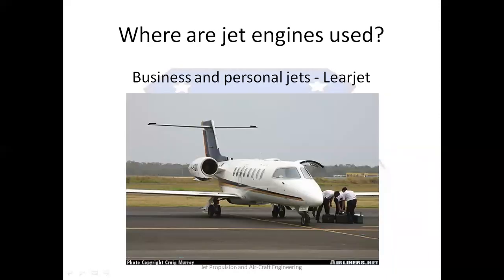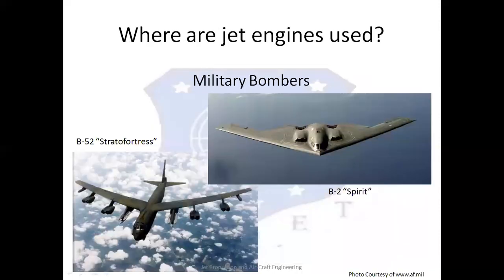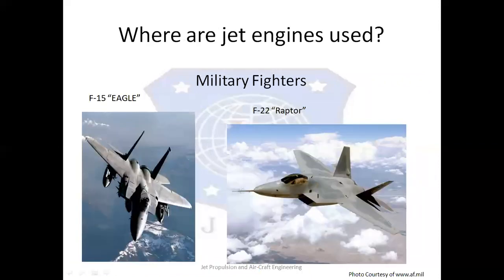Then business and personal jets also use jet engines. Then military aircraft, where the jet engine can be used with the afterburner with certain modifications, and they basically fly at supersonic speed.